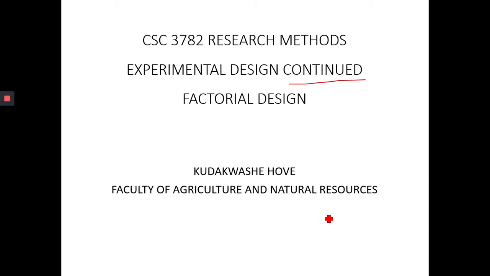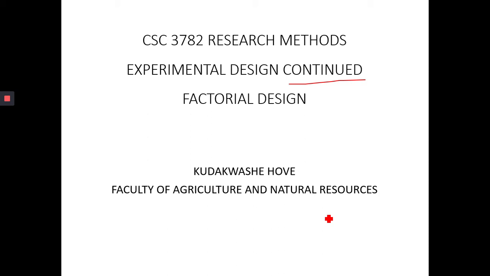For the avoidance of doubt, allow me to highlight you have already been introduced to experimental design, and in particular you have covered the three types of designs. That is the CRD, the completely randomized design, the randomized complete block design, and last week you were introduced to Latin square design.